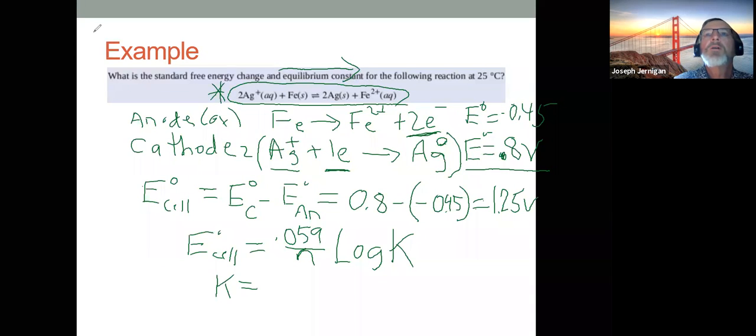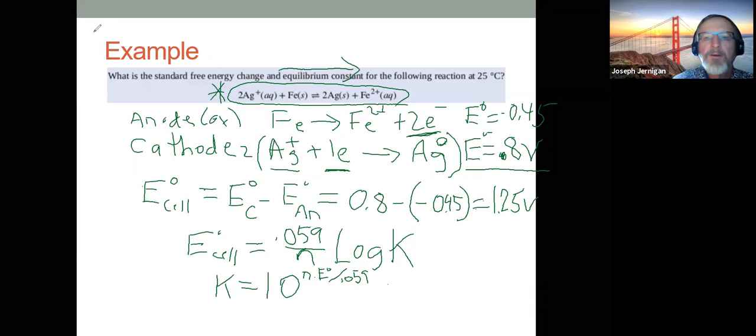So K is equal to 10, and that 10 is raised to the power of N times our E0 cell, divided by 0.059.